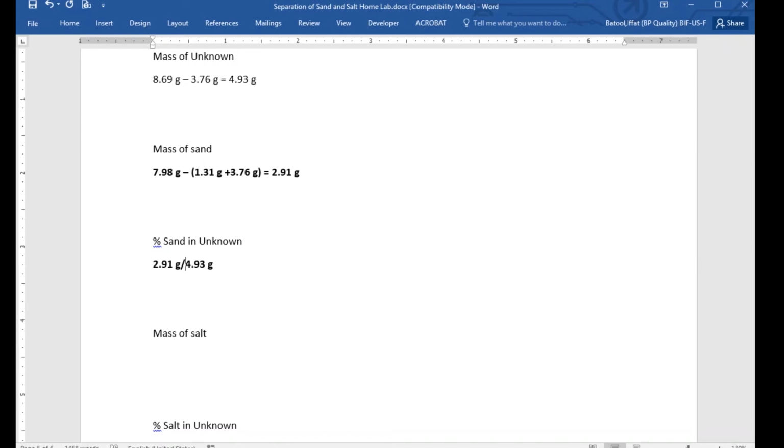Then you divide these numbers, and after that you multiply it by 100 to get the percent.